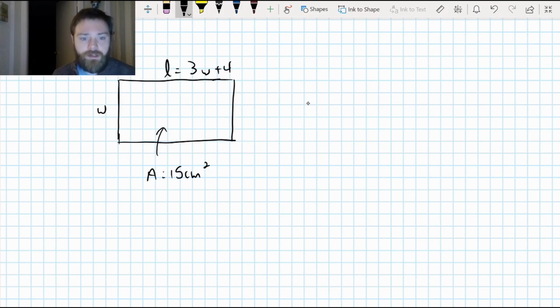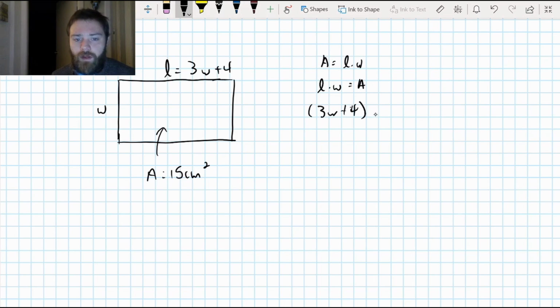What I'm going to do is use that formula again. So area is equal to length times width, which means length times width is equal to area. So I can reverse the equation, and take my length, which is 3w plus 4, and then my width, which is just w, is equal to 15.